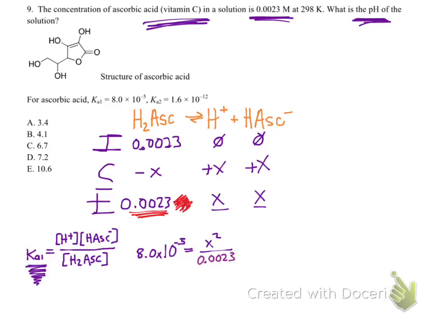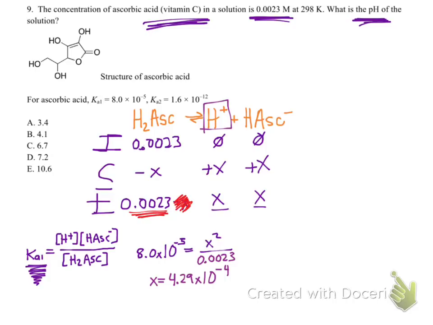And once we do that, we will end up getting that x is equal to 4.29 times 10 to the negative fourth. And remember, that is also our H plus concentration.